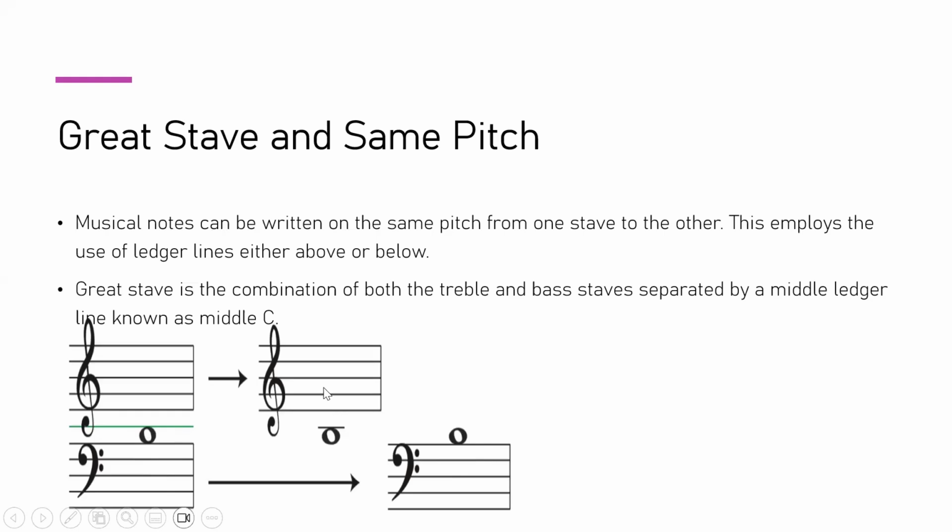Now let's check the letter name with respect to this treble stave. This is middle C, right? C coming down, B. You can see that the note is bearing the same name and the same position between the two staves.